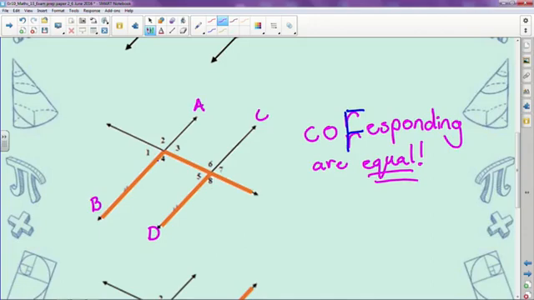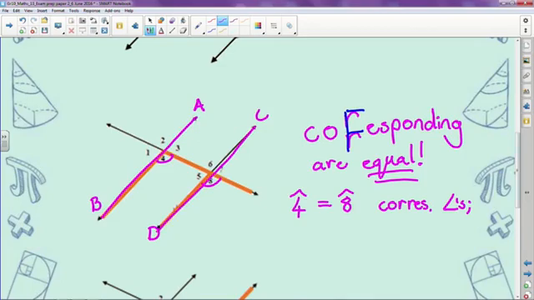So let's say we're talking about angle 4 and angle 8. We would say, as our statement, angle 4 is equal to angle 8, and then our reason would be corresponding angles, and notice I'm abbreviating, but it's really important that we also state which lines are parallel.